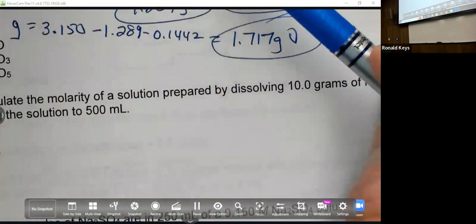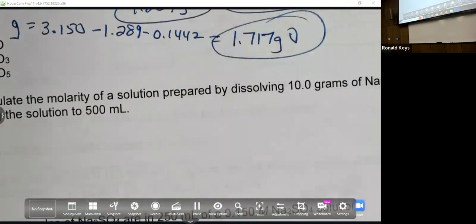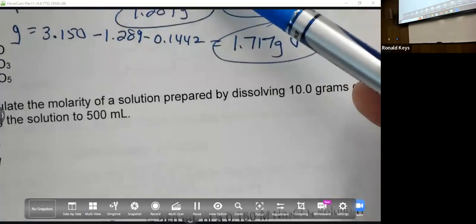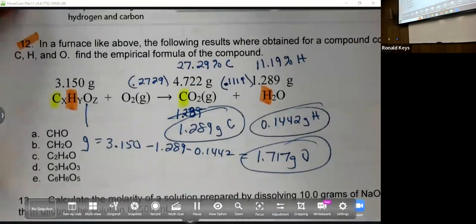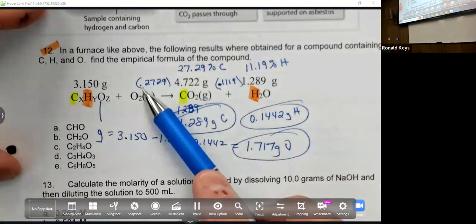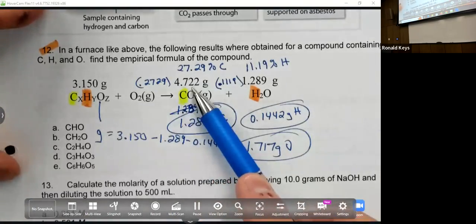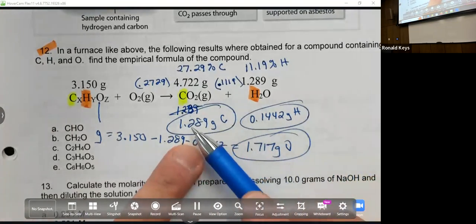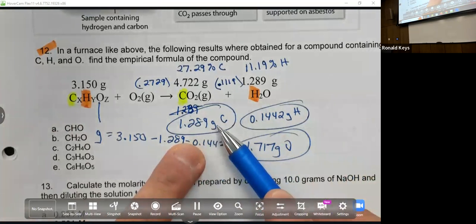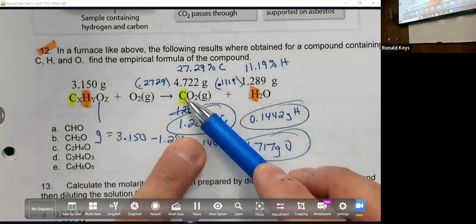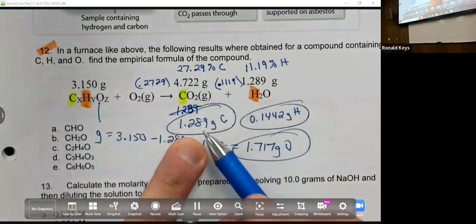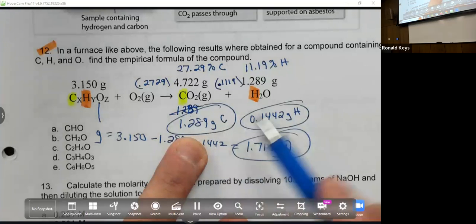And using the percent carbon of 27.29% carbon, if we take 0.2729 times 4.772 grams, then we know that 1.289 grams here in the carbon dioxide is straight carbon, and that straight carbon came from here. So we have 1.289 grams of carbon.